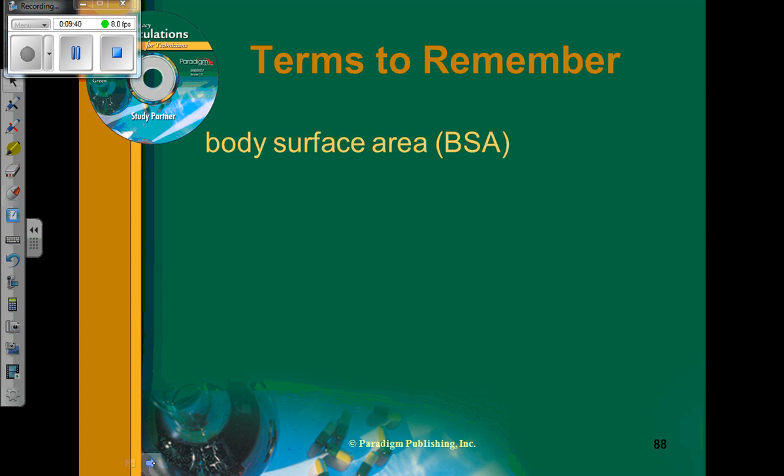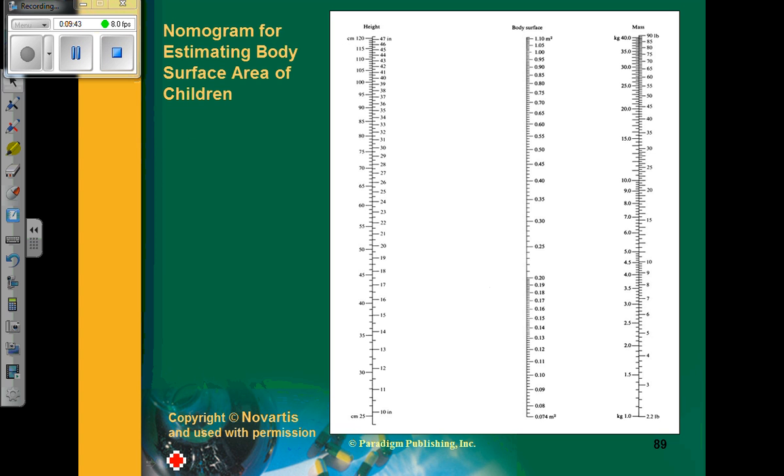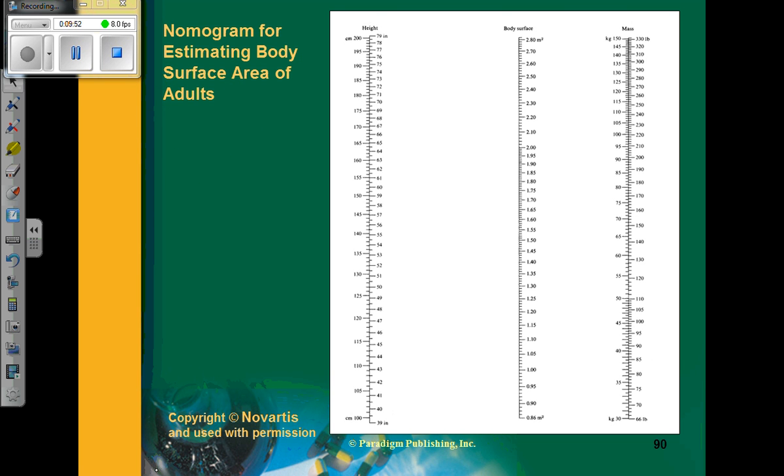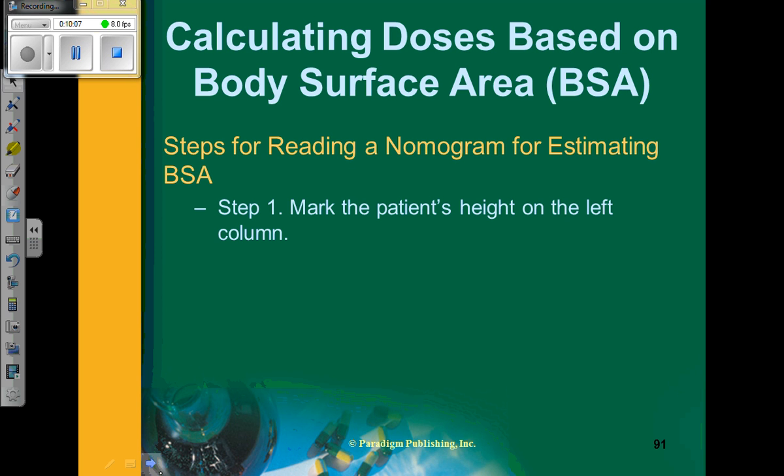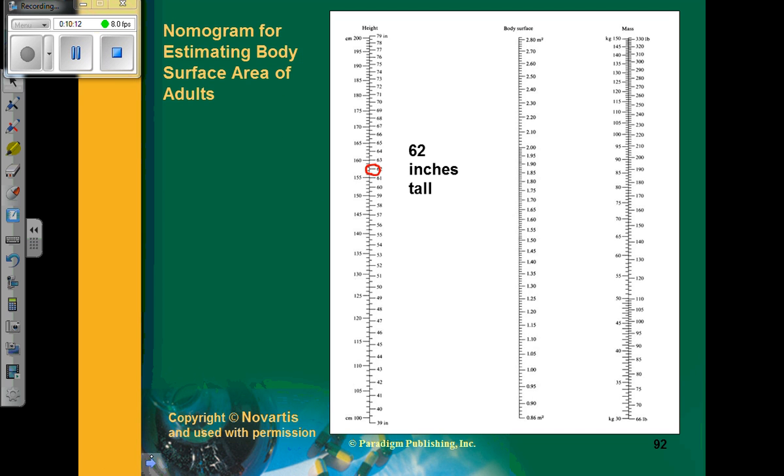So here's your thing here. If you look at this chart here, it is a nomogram estimating body surface area for children. The next one is a nomogram for estimating body surface for adults. So if you go through these steps here, steps for reading a nomogram and for estimating the BSA, you want to first mark the patient's height on the left column, which we've done, 62 inches.